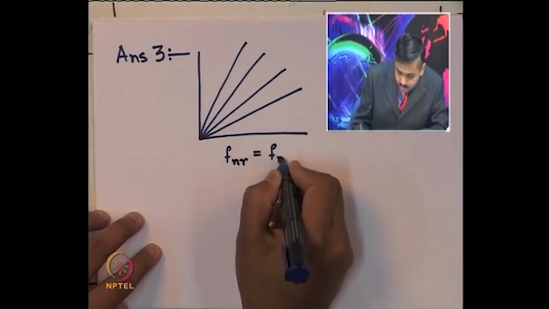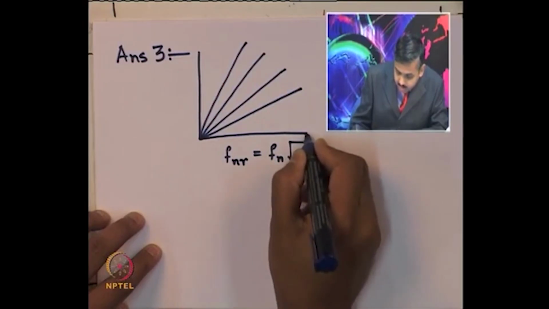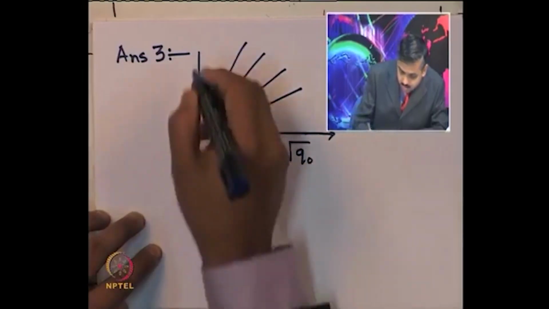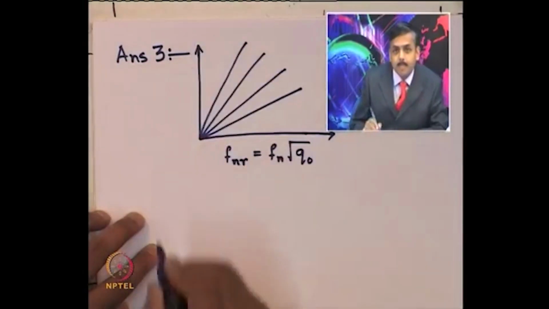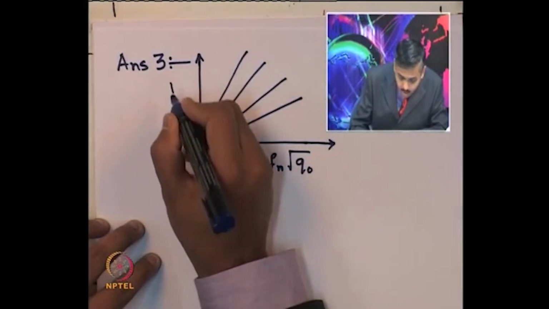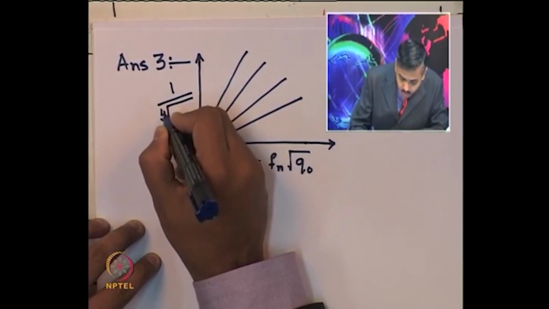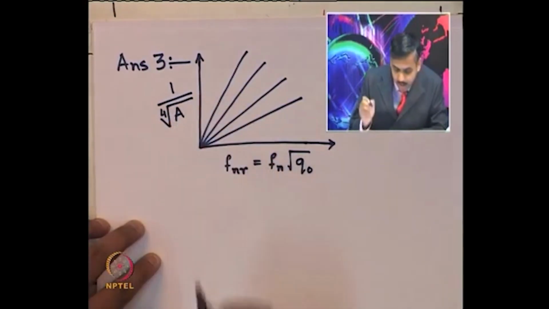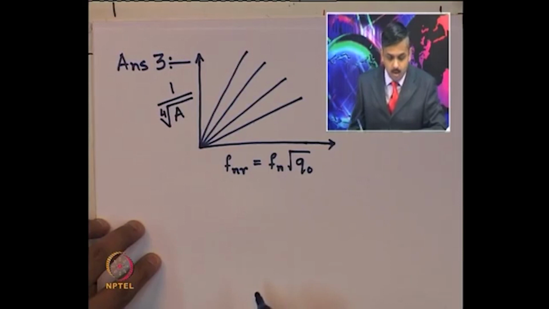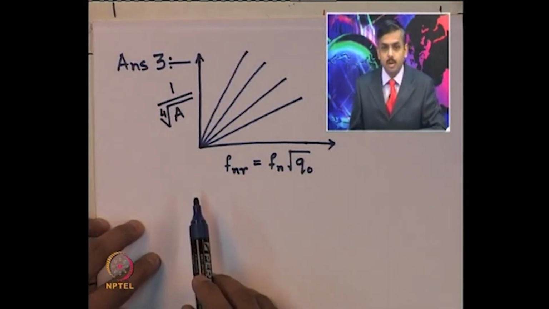F n r is in the x axis, and in the y axis we have 1 by 4th root of area A. That is the linear scale as proposed by Chebotarev.